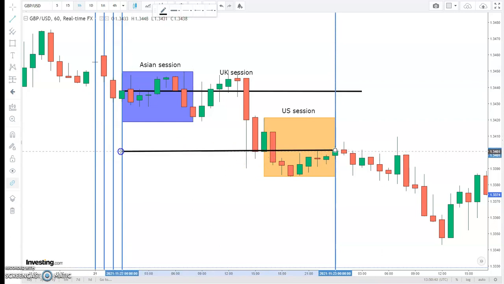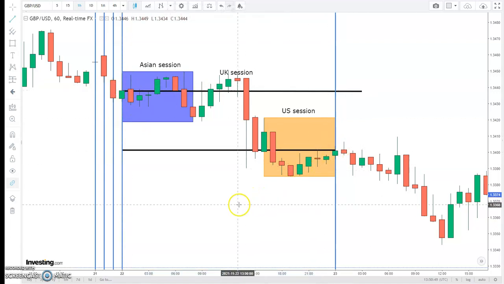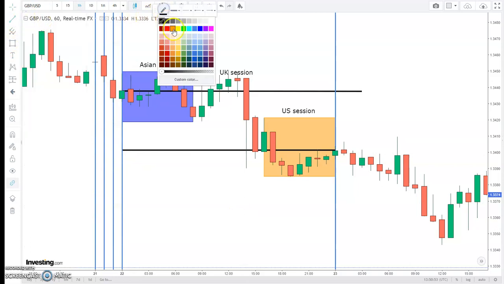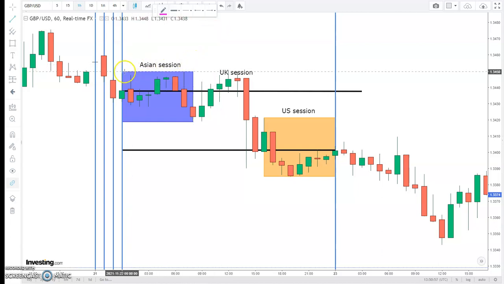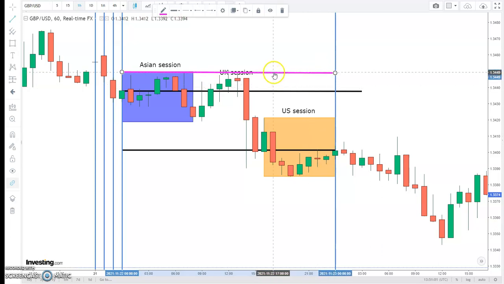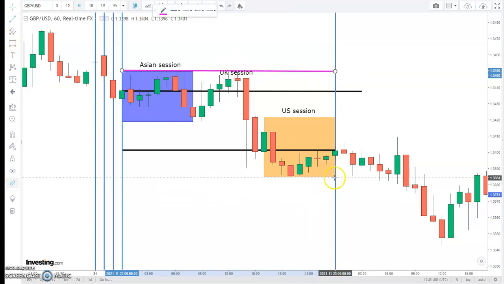So the movement for the day was basically from there to there. Downward trend. Right? Downward trend. The high of the day, I will use a different color. Let's go bright pink. So that was the high of the day, in other words, that candle. The low of the day, I'm looking, was that candle.